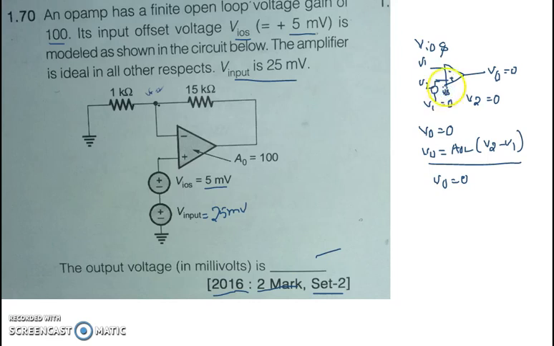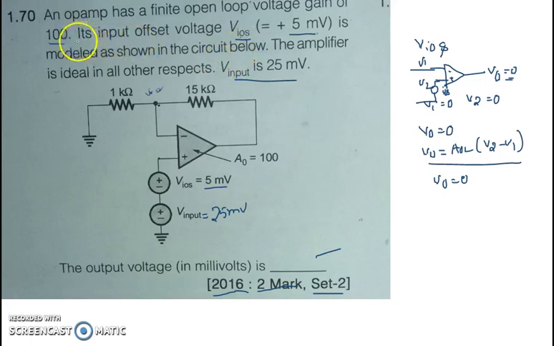This input voltage makes V0 equal to 0 if V1 and V2 are not connected to any other voltages. So the input offset voltage is a voltage connected as an input to the operational amplifier to get V0 as 0 volts if both V1 and V2 are 0 volts. That is regarding the input offset voltage.